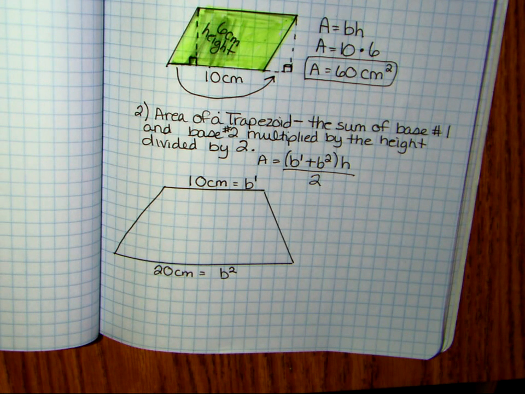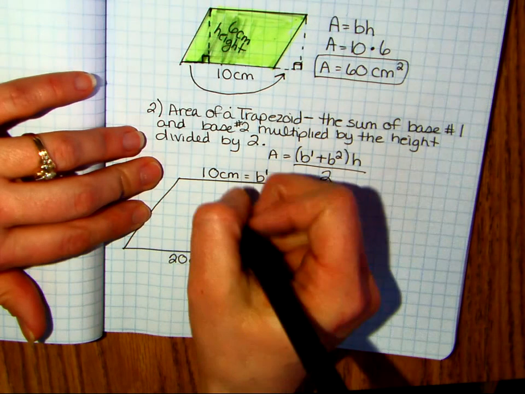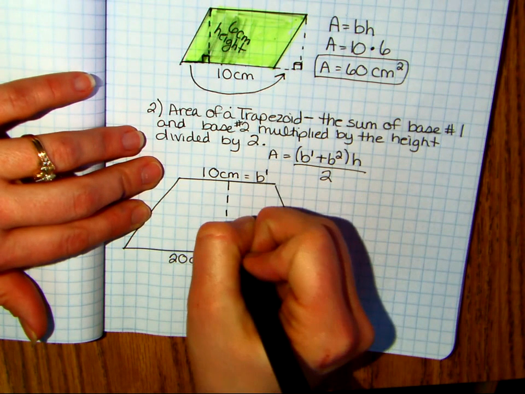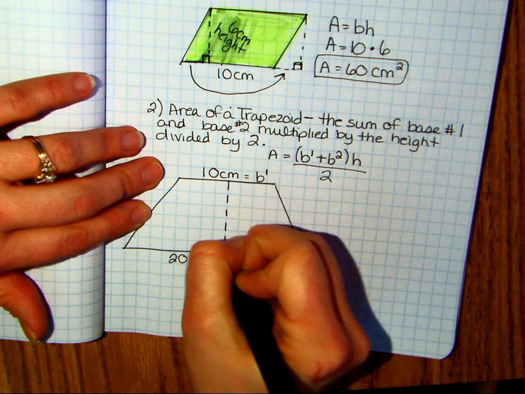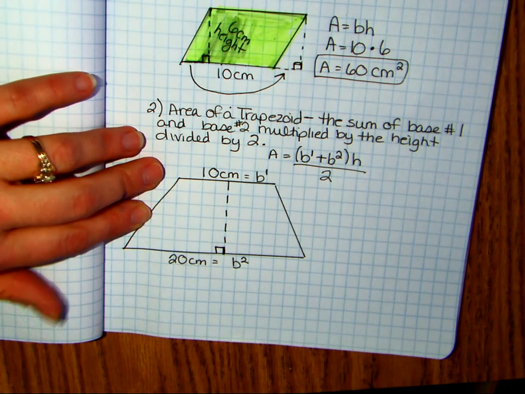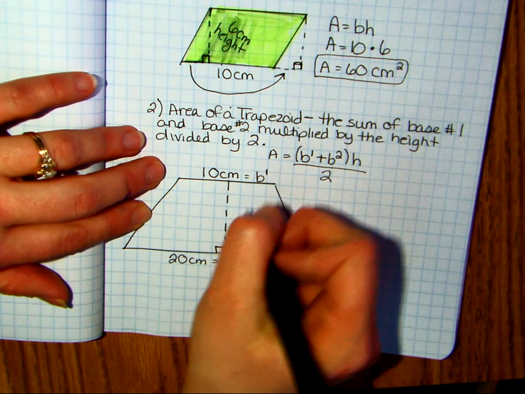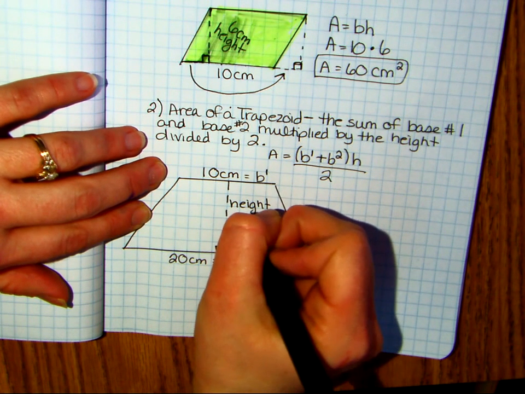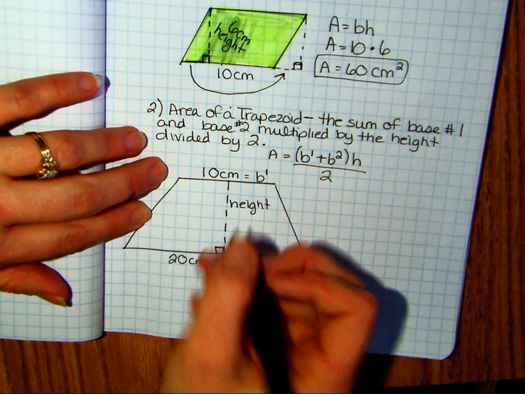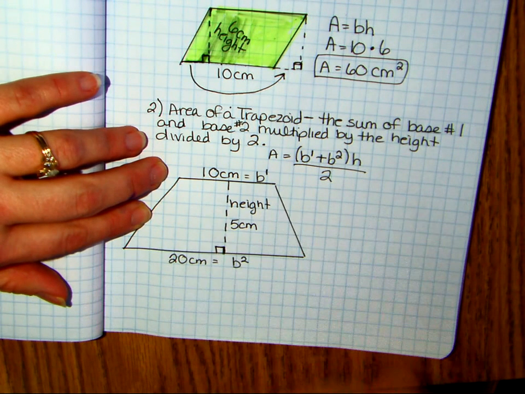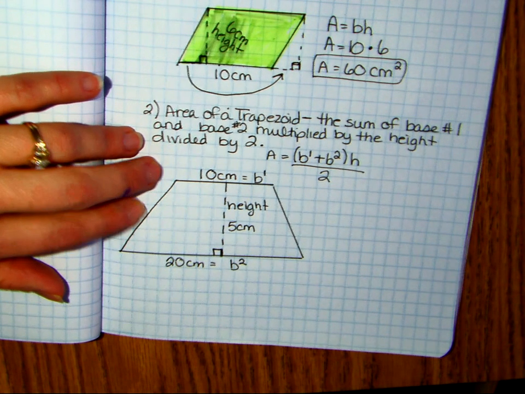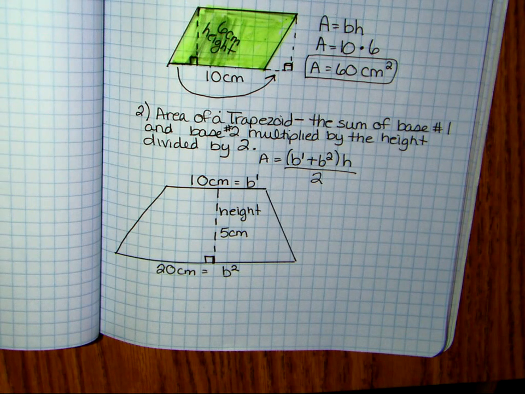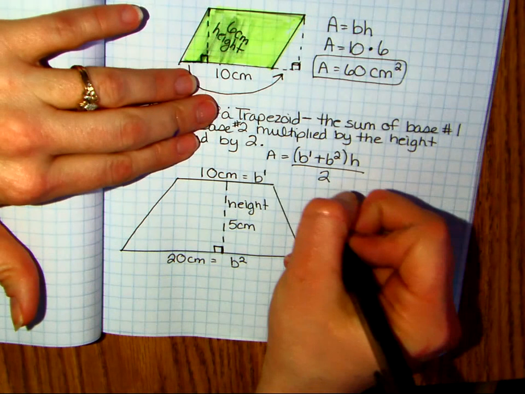In order to have a height, you're going to create a line that goes from base 1 to base 2, and it's going to be perpendicular, so you're going to have right angles. So I've created my height connecting base 1 and base 2, and we're going to call this 5 centimeters. So now I have all of the measurements that I need. Now I can plug in the formula.